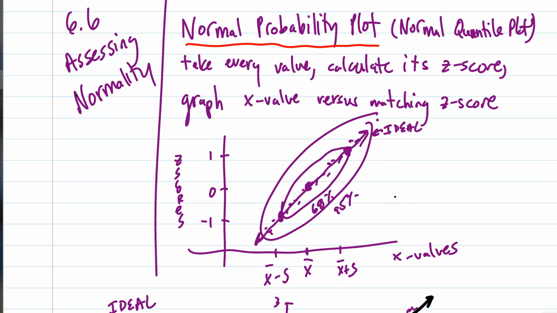But all you're looking for is that when we graph the x's versus the z-scores, ideal means I've got a straight line mostly. Okay? I want there to be no patterns, and I want it to fall mostly kind of randomly around that straight line. When is it not ideal?